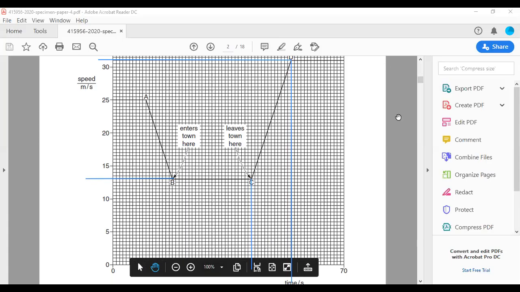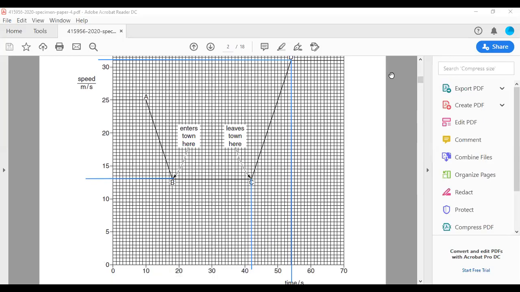Good. So here's S1. Here's S2. Here's T1. And here's T2. We need to find this value here. How much was it? We calculated it to be 13 meters per second. So here's 30, and 31. So here's 31 meters per second. Here is T1. T1 was 42 seconds.